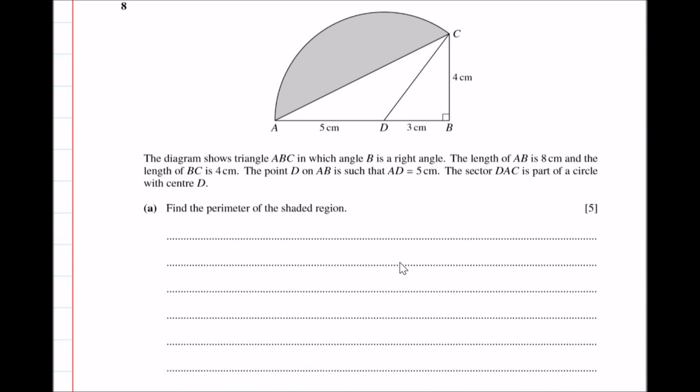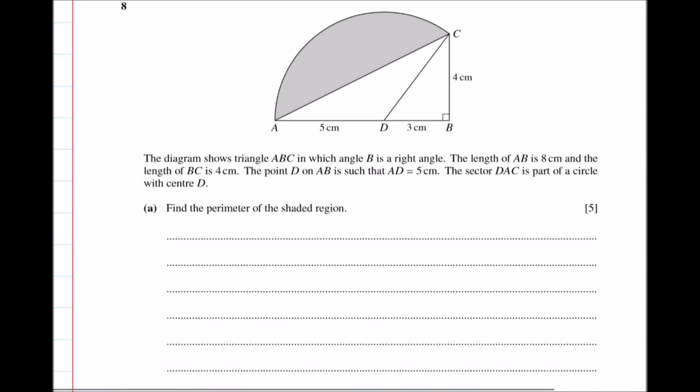The sector DAC is part of a circle with center D. So find the perimeter of the shaded region. Shaded region we can see here. This is a sector, part of a sector, right? And we have to find the perimeter.